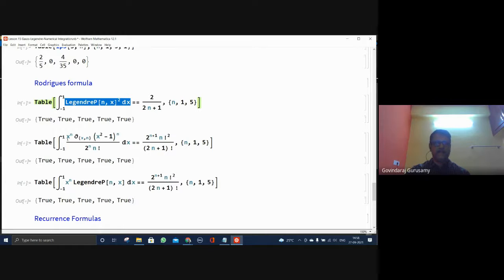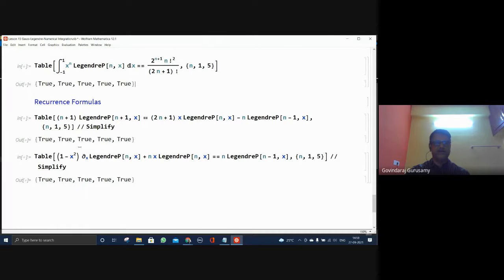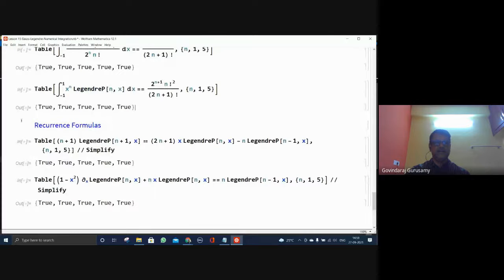And of course, we can start from this x power n, this is also possible. This is another way to write x power n in terms of the Legendre polynomial. This is with the generating function, this is with the Legendre polynomial itself, and they are one and the same. These are all the things which are there in the textbooks. These are well known about this Legendre polynomial.